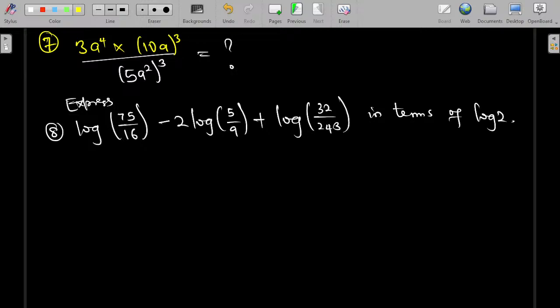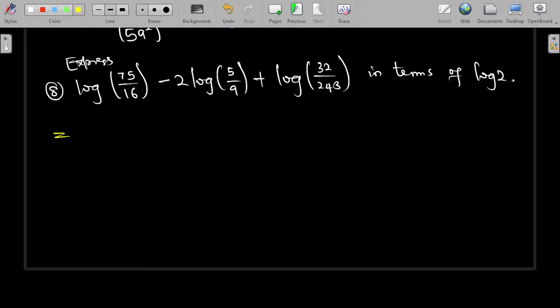Alright, so let's go. Whenever you're given a problem, always remember to start by what you know how to do and then move to other things. So from here, I will try to simplify this as much as possible by applying the rule of logarithm. First of all, I will move this coefficient up.